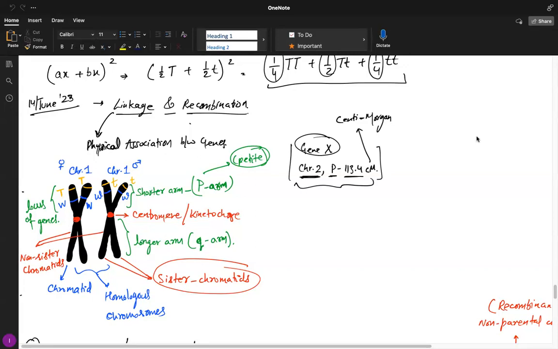So when on the same chromosome there are two chromatids, it means that the chromosome has undergone DNA duplication. So sister chromatids will be exactly identical. They will carry the same alleles at the same location on the same chromosome, right? Two arms. Good. And what are non-sister chromatids?